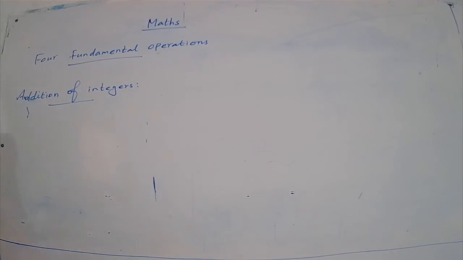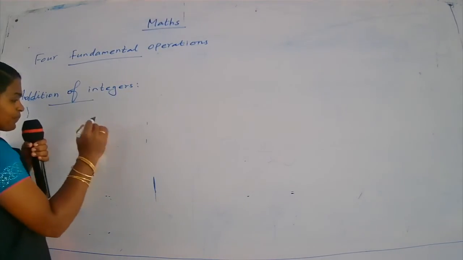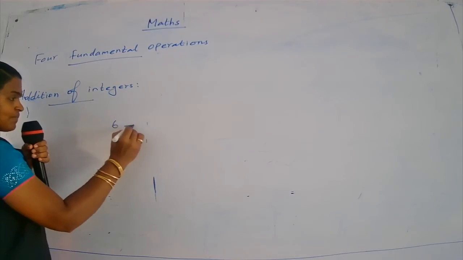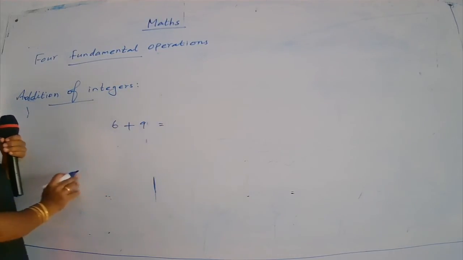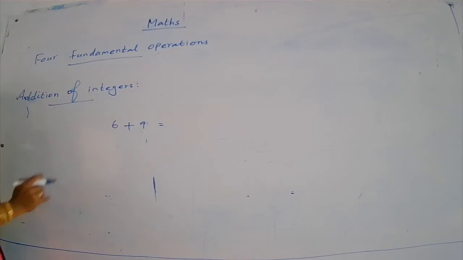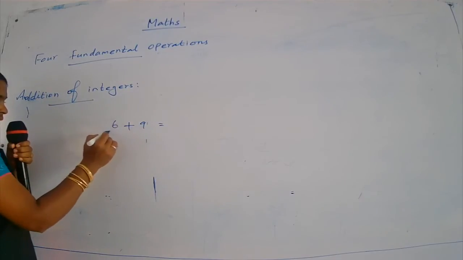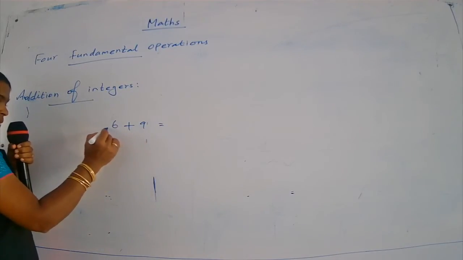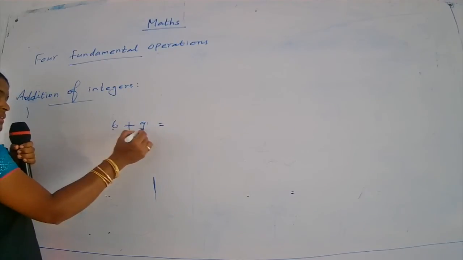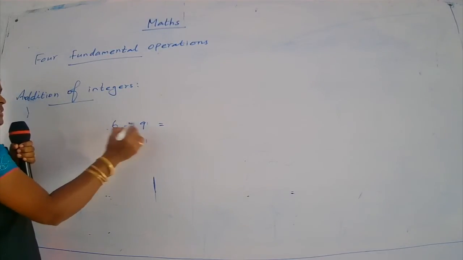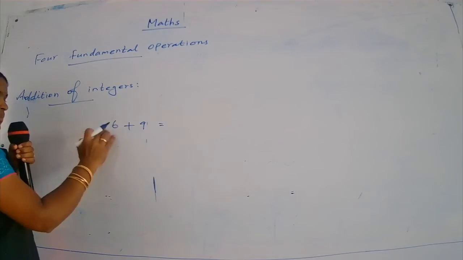For example, 6 plus 9. What is the answer? You see here, these are two integers. This is a positive integer and this is also a positive integer, so it's the same sign, plus plus.